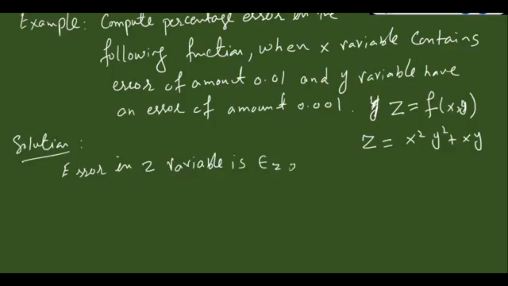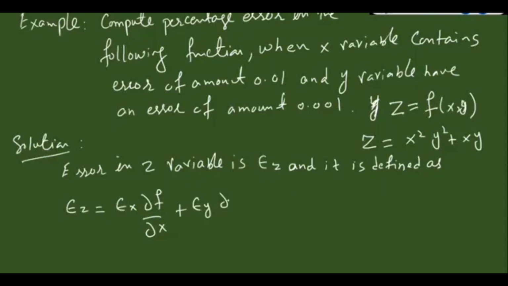and it is defined as epsilon z is equal to epsilon of x times partial of f with respect to x, plus epsilon of y times partial of f with respect to y.